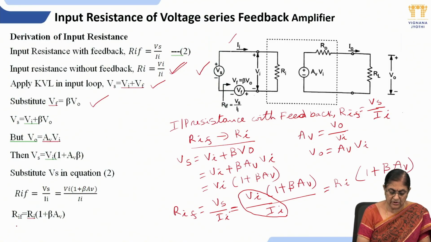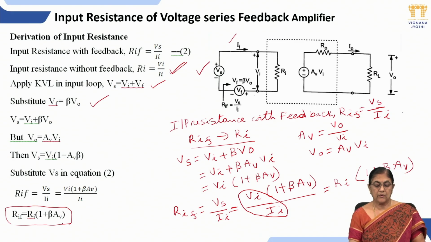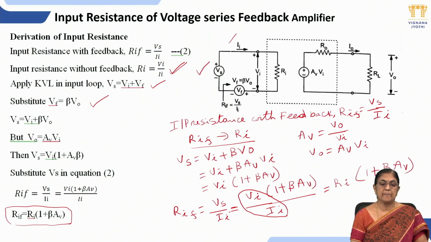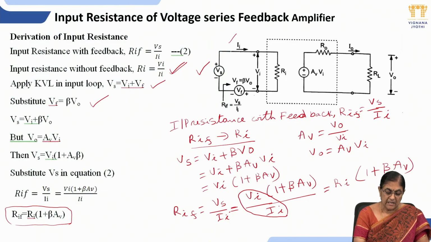So this is the expression for input resistance with feedback. So what did you understand by seeing this expression? Input resistance of voltage series feedback amplifier increases by the factor of 1 plus beta AV than without feedback. What is 1 plus beta AV? Desensitivity. So that means RIF increases by desensitivity than without feedback.